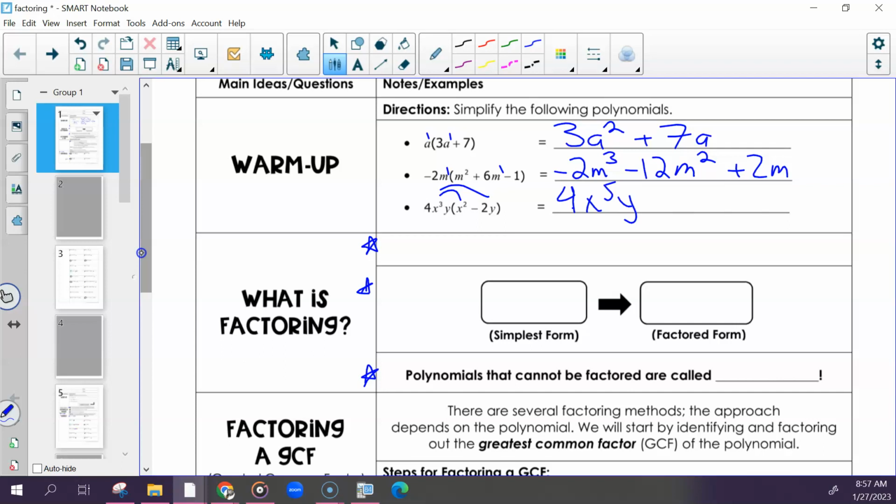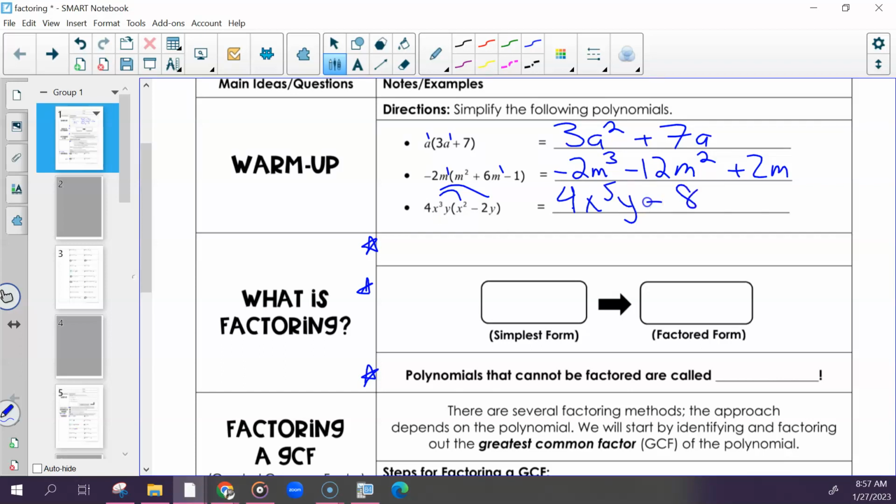Just like the first part, the x's would stay the same, the y's would change, and you're multiplying numbers. 4 times negative 2 would give us negative 8.